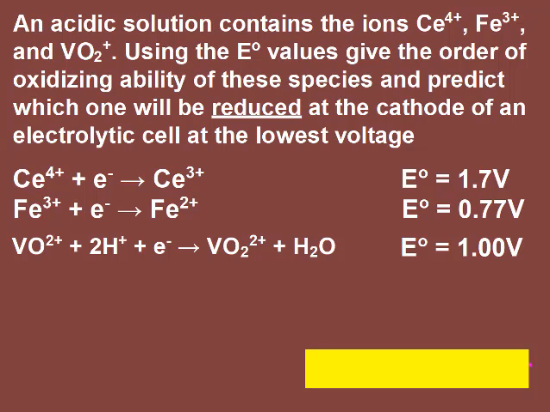So in this problem, we have an acidic solution. It contains 3 ions. Using the E naught values, give the order of oxidizing ability of these species and predict which one will be reduced at the cathode. Well, if it's reduced, and these are standard reduction potentials, the most positive will be reduced first.